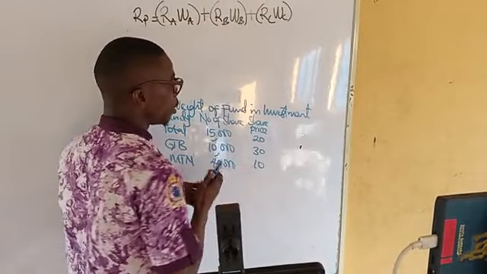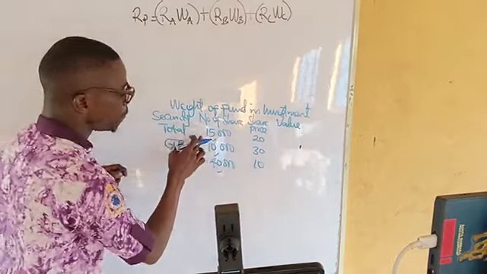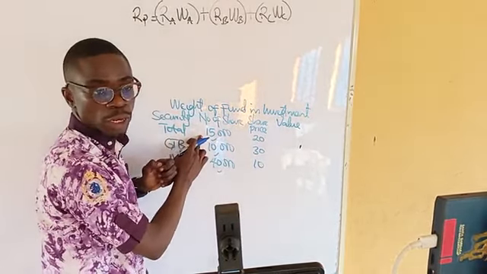Now, for us to get the value of the investment, it will be 15,000 times 20. Are we together now?